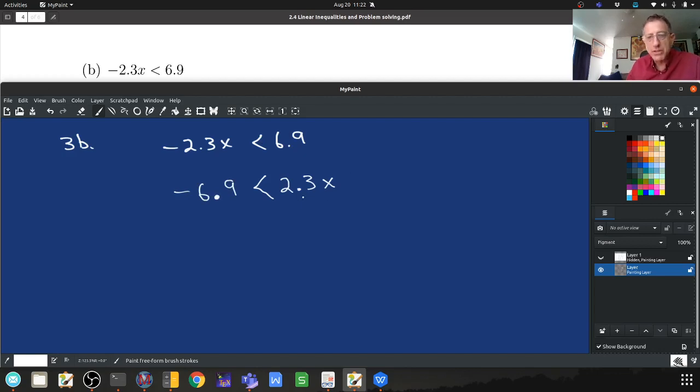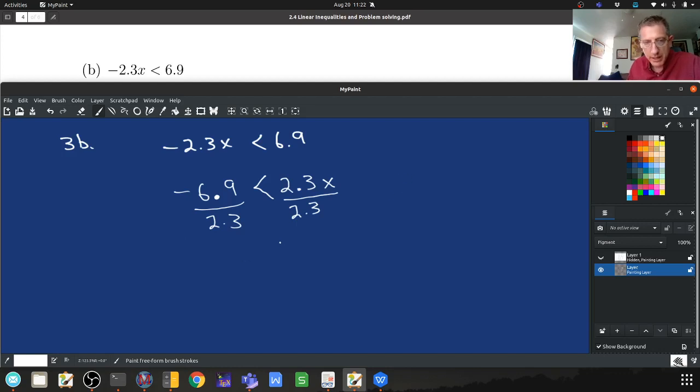Now all I have to do is divide by 2.3. And I don't have to flip the inequality sign. Why? Because I'm dividing by a positive number. 2.3 is greater than 0. And I'm done. So if you remember to always just move, if the coefficient of your x term is negative, move it to the other side and the constants to the opposite side, and you have this, and you don't have to worry about flipping the sign.